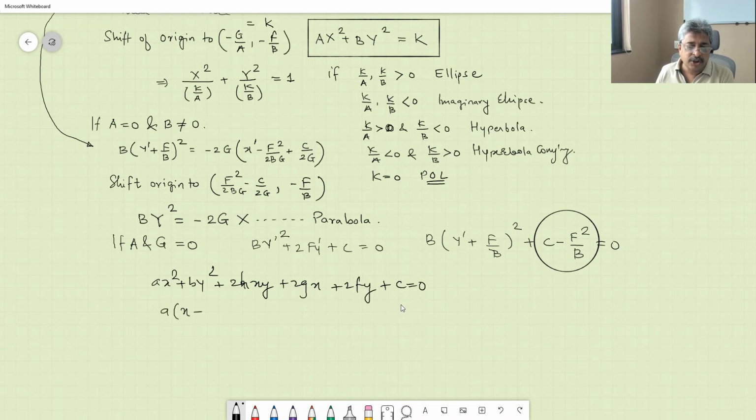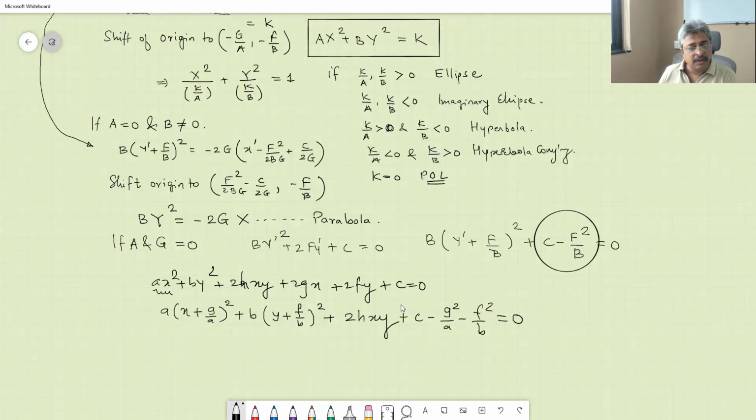A into x plus g by a bracket square, I have taken care of this, plus b into y plus f by b bracket square plus 2hxy plus c minus g square by a minus f square by b is equal to 0. This is my translation transformation setup being ready.